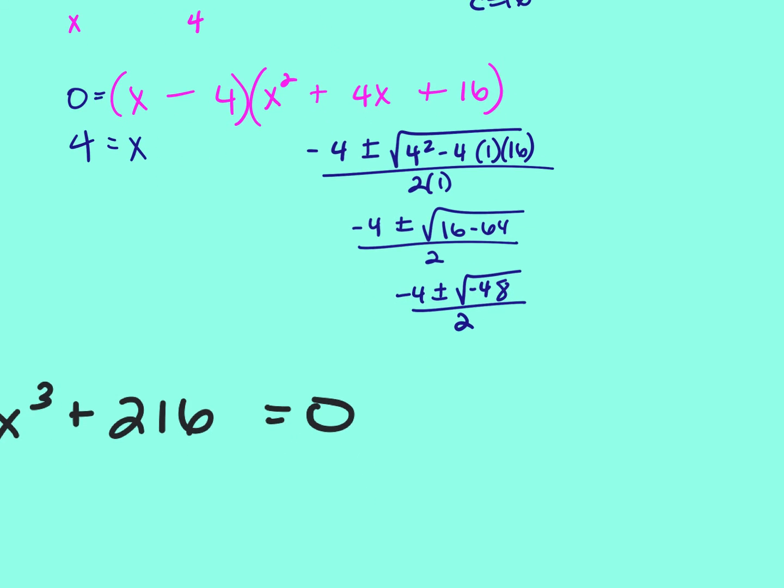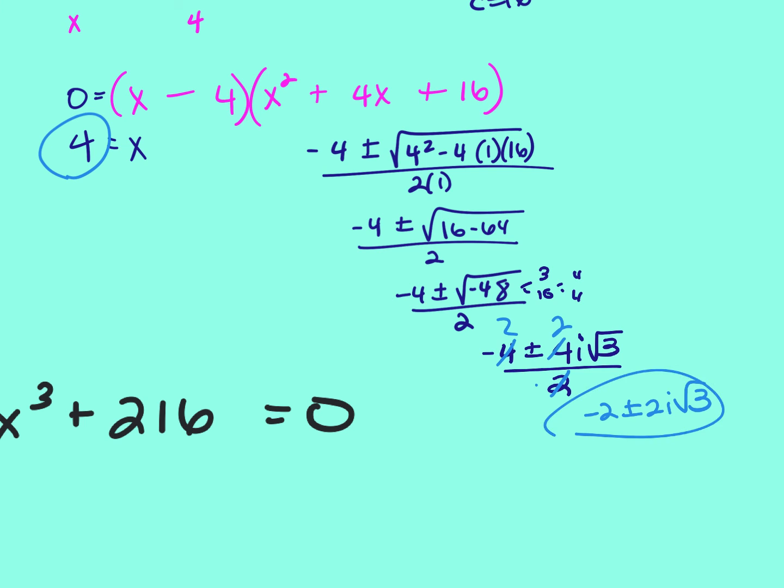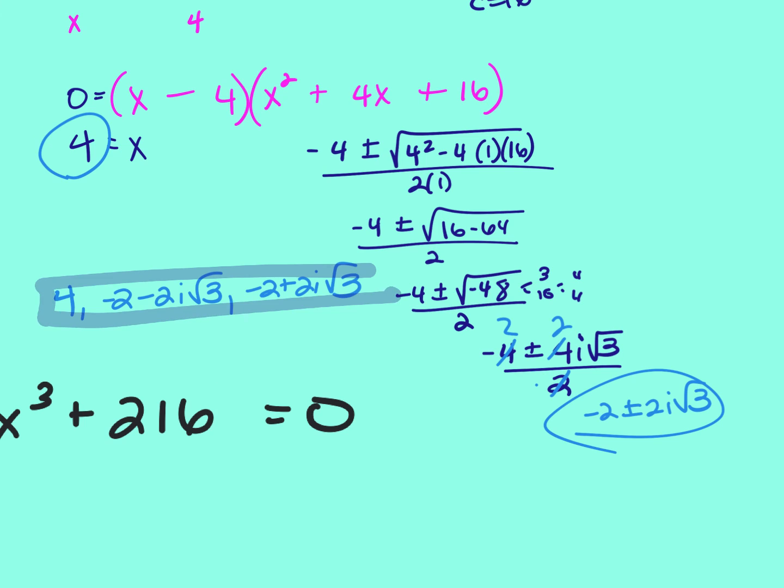So I'm going to keep going because this is 3 and 16 or 4 and 4. And then this goes into each of these. So when we're solving, 4 is an answer, and so are these. So it's 4, negative 2 minus 2i root 3, negative 2 plus 2i root 3. Or you could have left it together and done plus and minus. I don't care. Just also don't forget your 4.